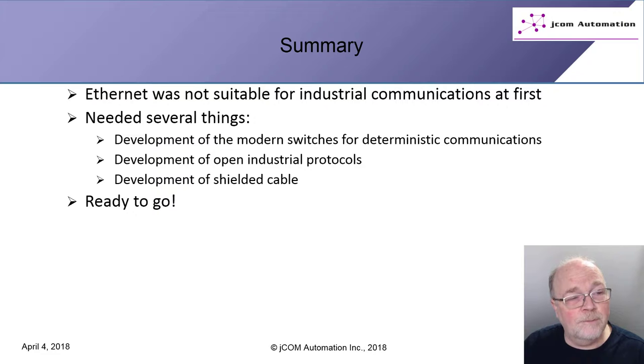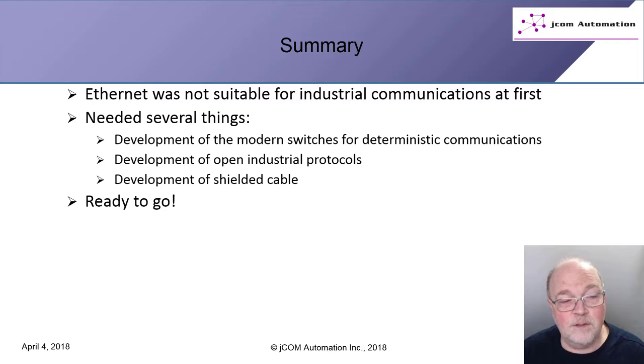So, to summarize, Ethernet is really not, or was not, suitable for industrial communications at first. That collision sensing, multiple access, you couldn't use that for control. So they needed development of modern switches for deterministic communications.